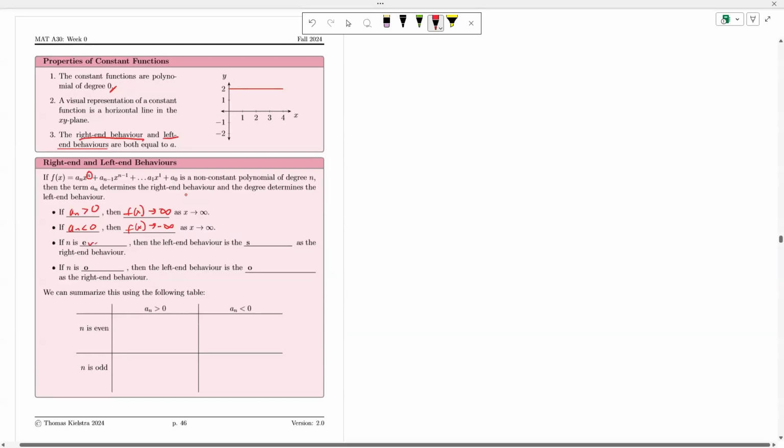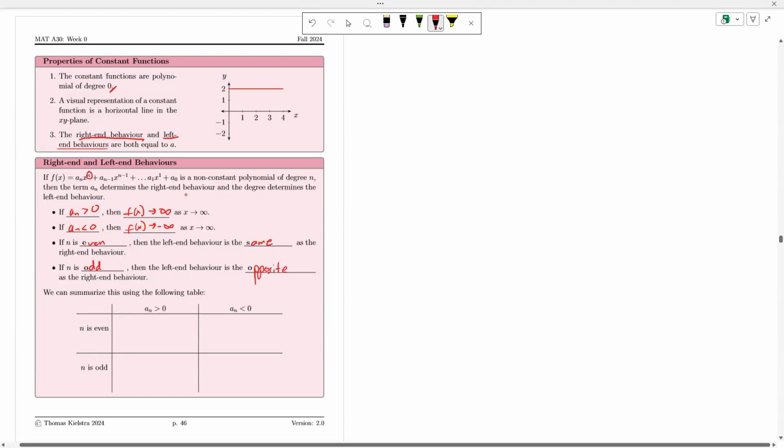If n is even, then the left end behavior is the same as the right end behavior. If n is odd, then the left end behavior is the opposite of the right end behavior.